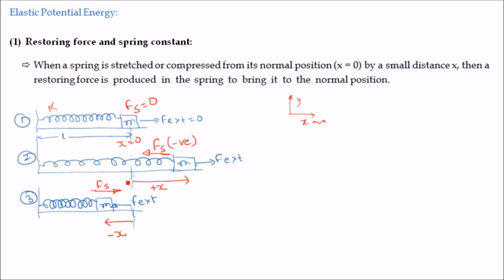So in both cases we have seen that the spring restoring force is opposite to the displacement, or opposite to the direction in which the object moves. Based on this concept, we will calculate the value of the spring restoring force.